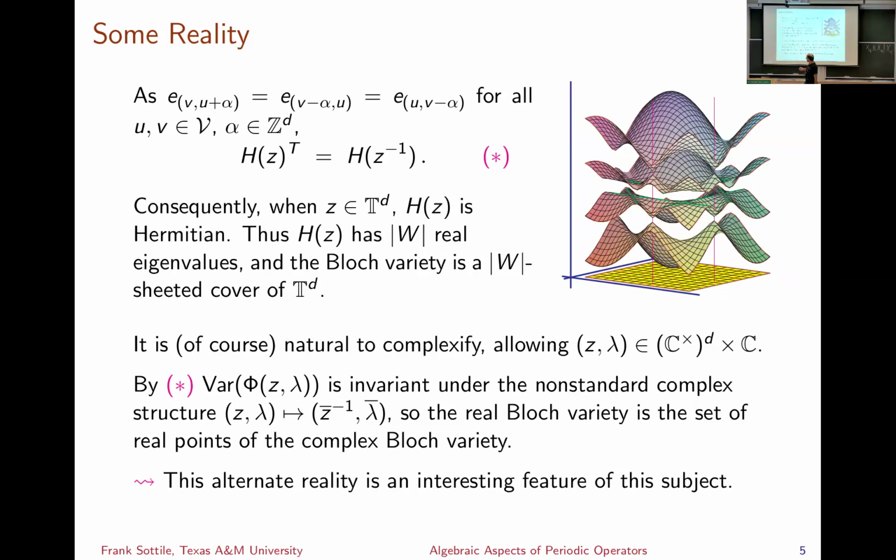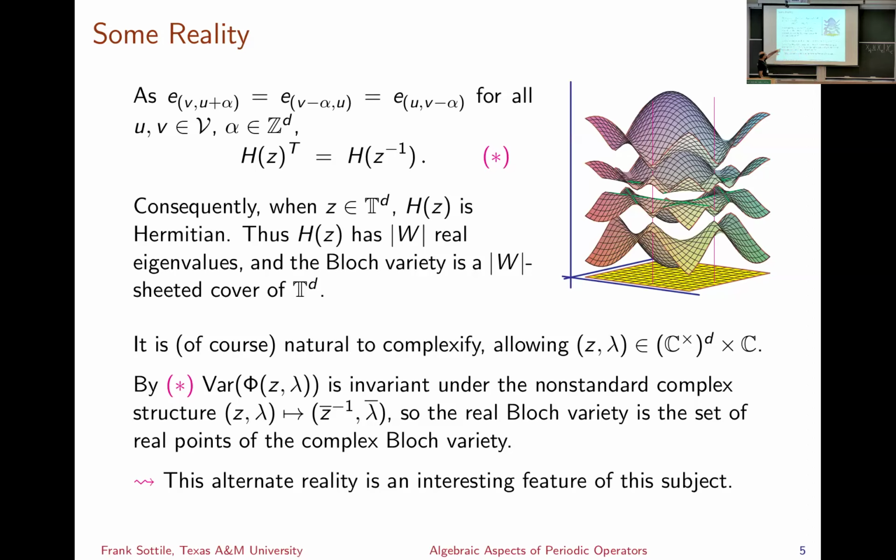But people look at the case when D is 1. In that case, the Bloch variety is a curve. And there's this really interesting paper by Mumford in which he studies these directed graphs when D is 1, and relates this to the moduli space of curves. So serious people, not just me, have worked on this.